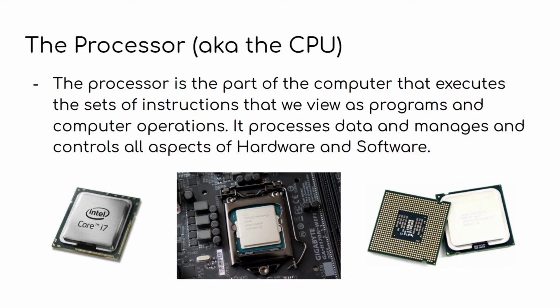The processor is the part of the computer that executes the sets of instructions that we view as programs and computer operations. It processes data and manages and controls all aspects of hardware and software. So this little CPU, you can think of it as the brain of your computer.